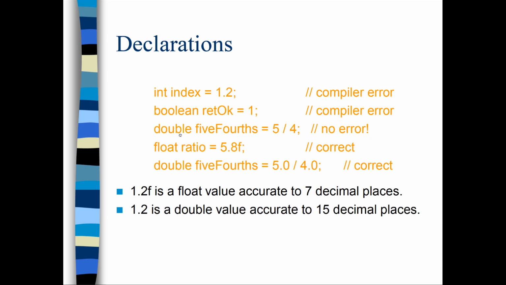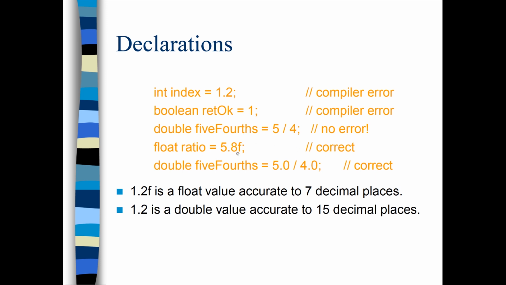And similarly, if you store this thing 5 divided by 4 into double, it won't throw any error because double is capable of storing your decimal values. For float, if you write like this, float ratio equal to 5.8f, it won't throw an error.